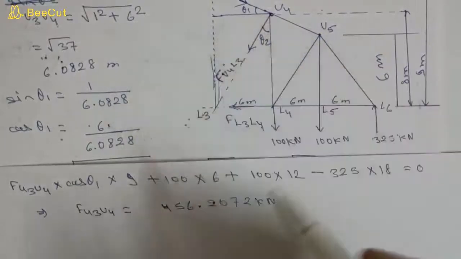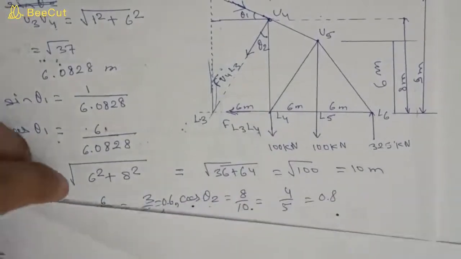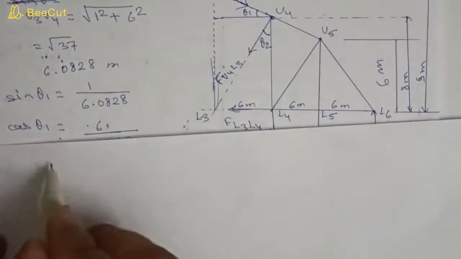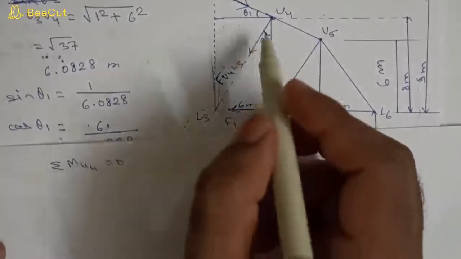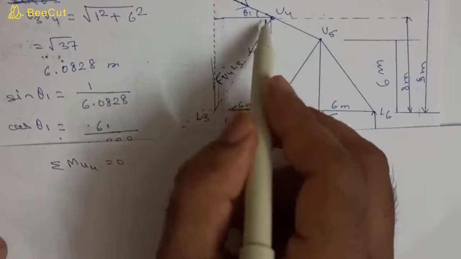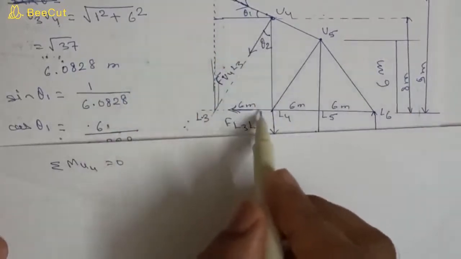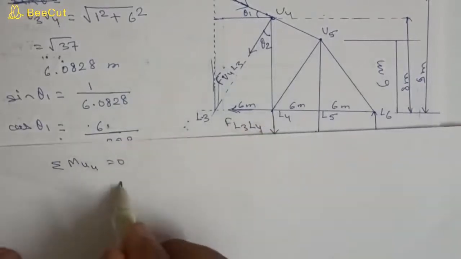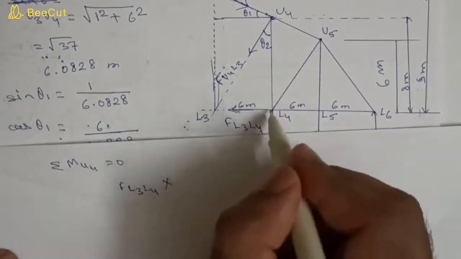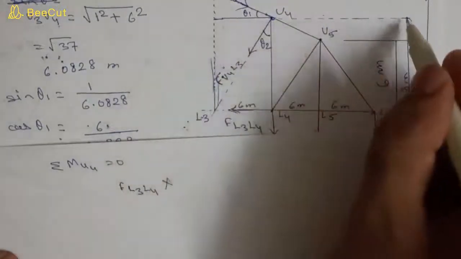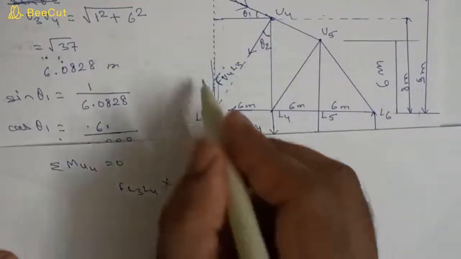Now we can take moment about this point U4. Moment about U4 will also be 0. This force is passing through U4, so its moment will not come. This is also passing through U4, so only this force will come in the picture. So F L3 L4 into this distance, 8 meter, this is clockwise.